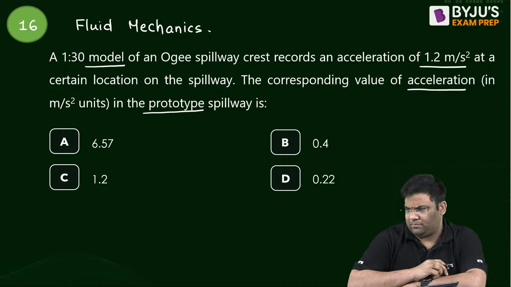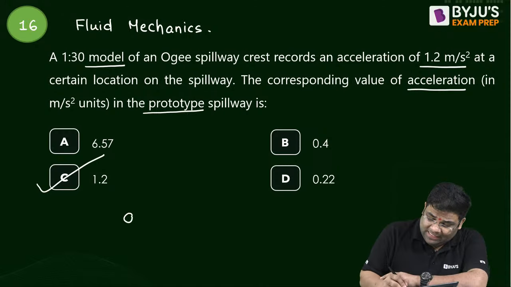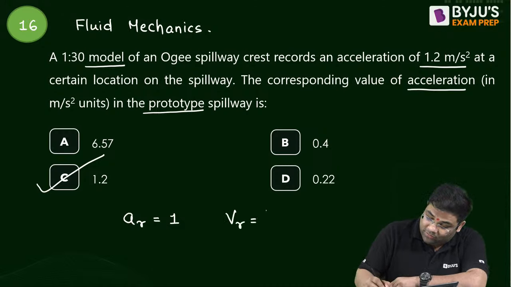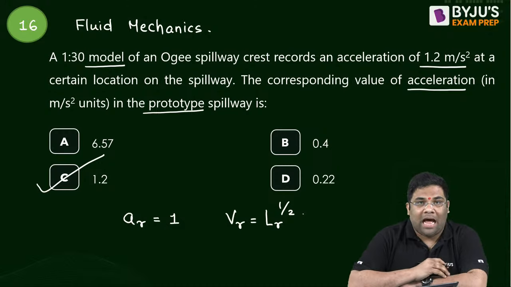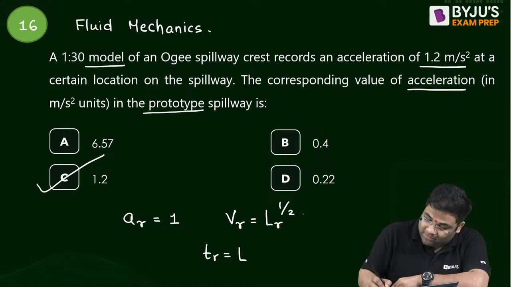The answer is C. See, the acceleration ratio is 1. The velocity ratio is LR to the power half, and the time ratio is also that.